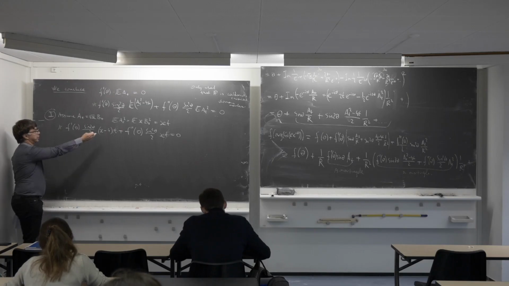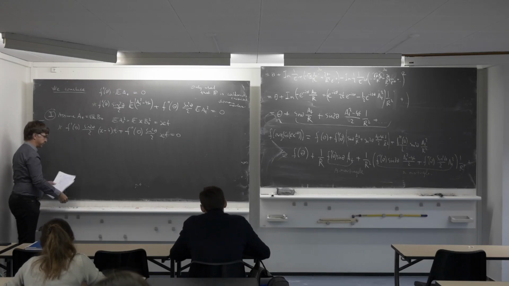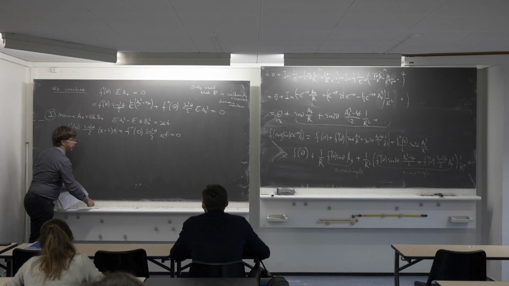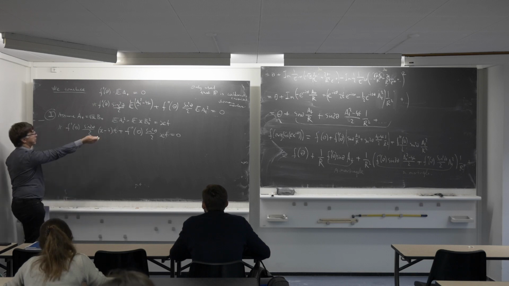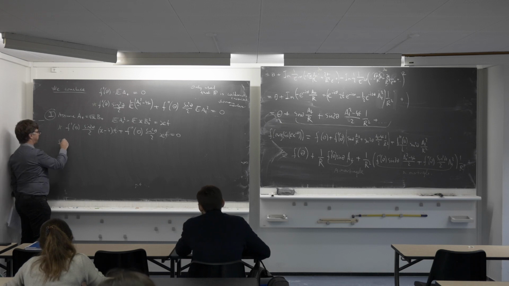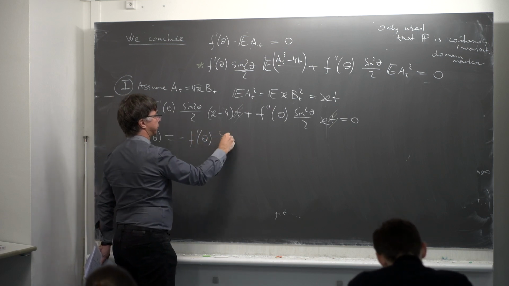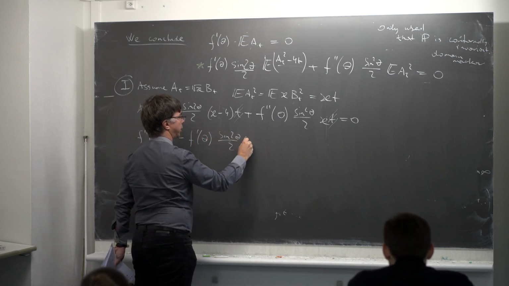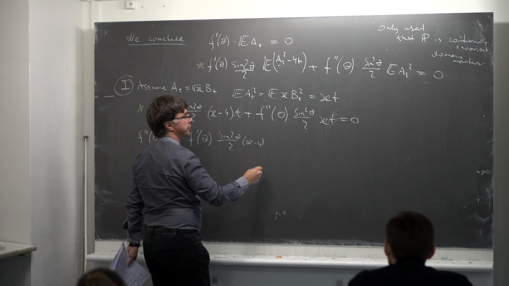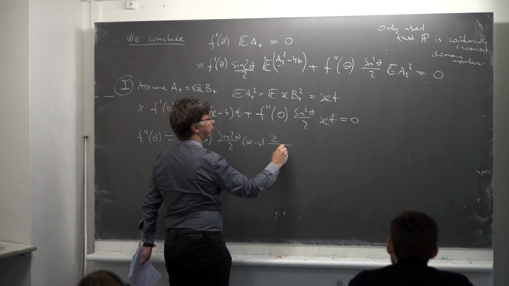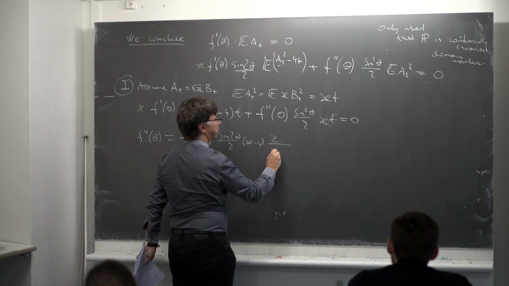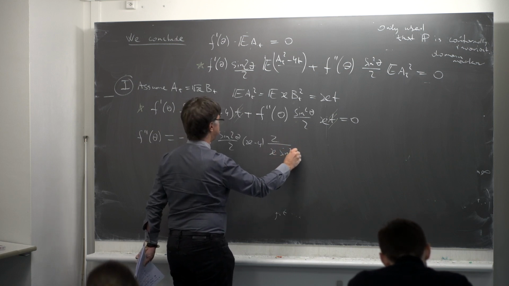Well, how do you usually solve equations of this type? You move everything to one side. You would move f prime to the other side, so you get f prime of theta is equal to minus f prime of theta, sine twice theta over 2, times kappa minus 4, and we divide by this, so 2 over kappa sine squared theta.